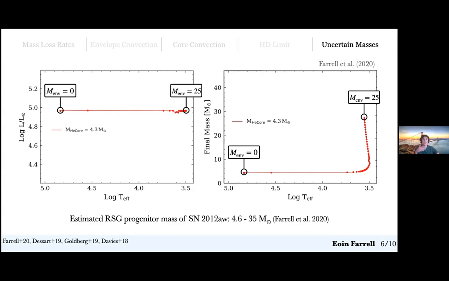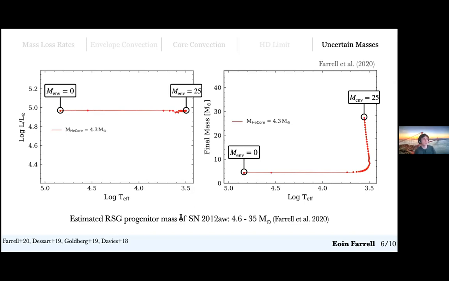This demonstrates that for any individual red supergiant, it's difficult to determine the mass given the luminosity and temperature alone. This doesn't mean that they're all equally probable, they're not. For larger samples, we can use statistical arguments based on population synthesis models, but for a single star, this degeneracy will still remain. And we applied this to observations of progenitors of supernovae.